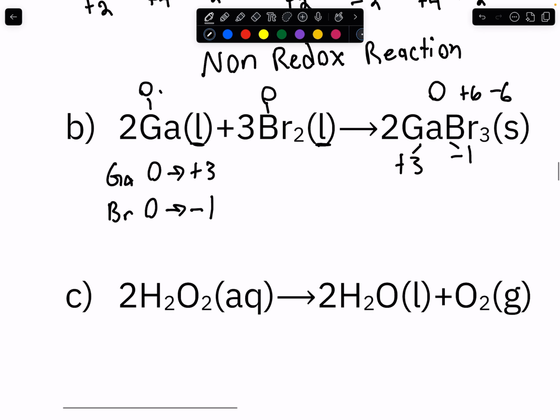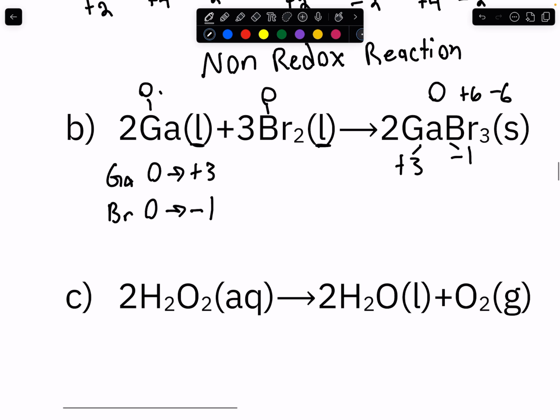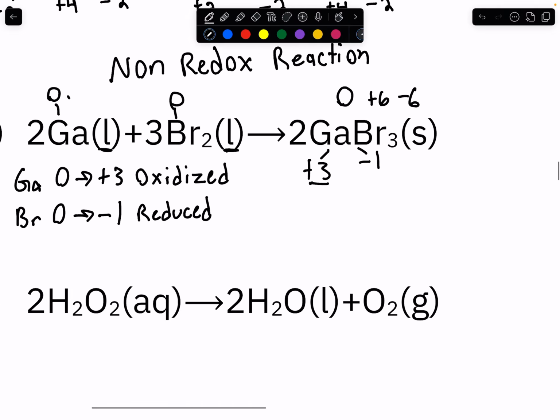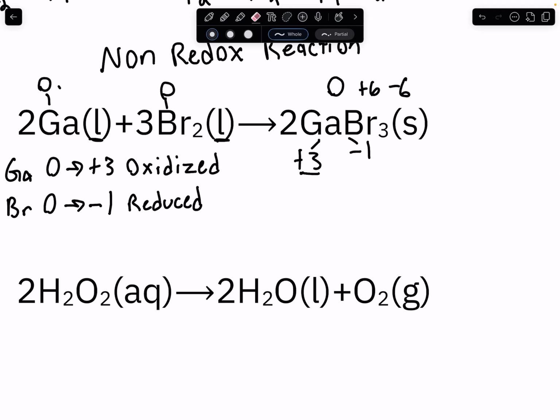Because gallium is losing electrons and instead is turning positive, we would say that gallium is being oxidized. Sorry. And we know that bromine, because it's gaining electrons, is going to be reduced. Now, I'm just going to move this up a little bit, make it a little smaller.